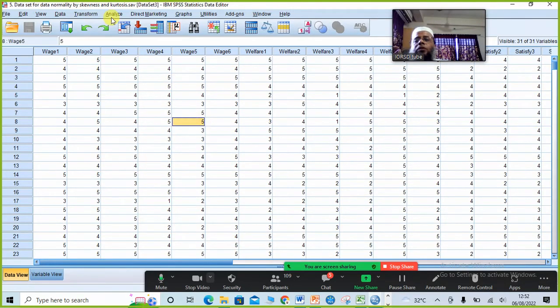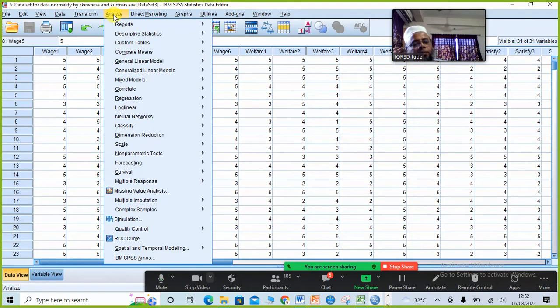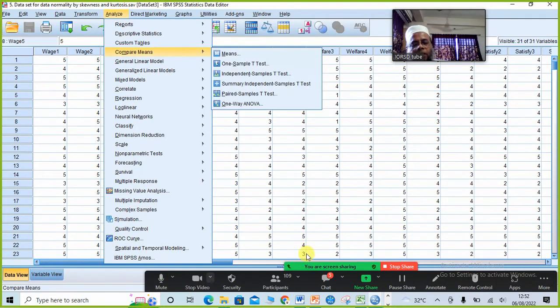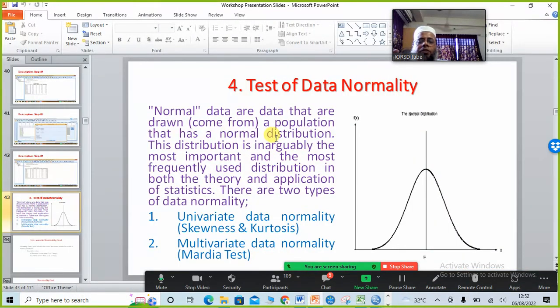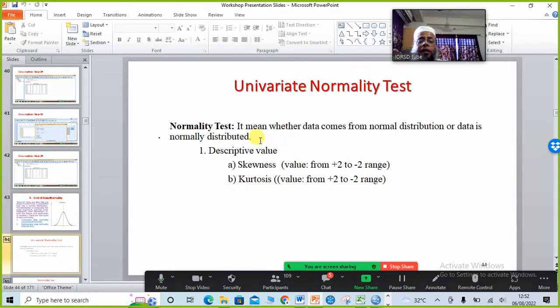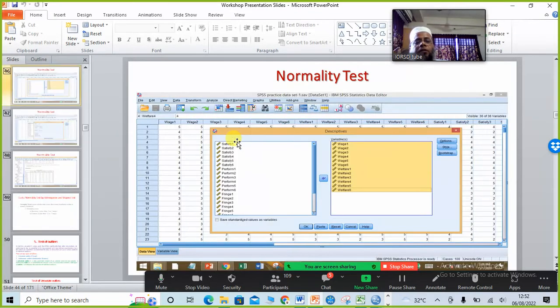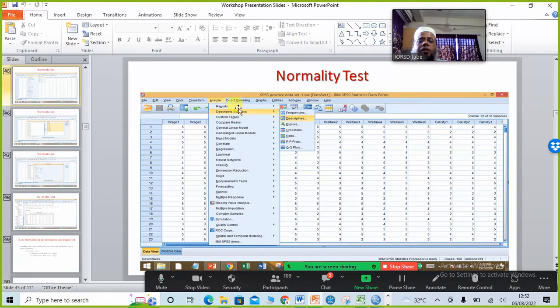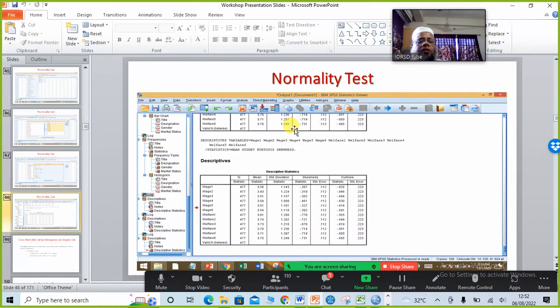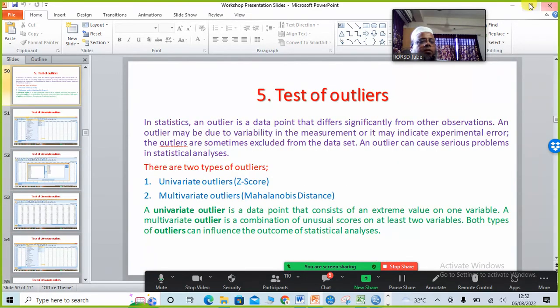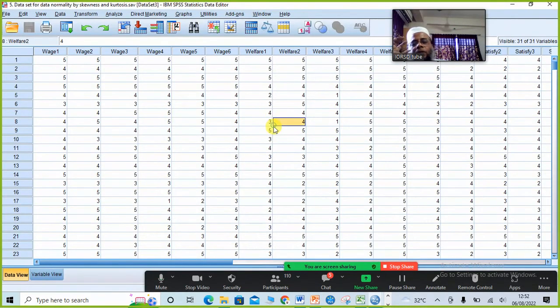We will go to Analyze, everybody, and if you just follow my instruction here, you will get it. Later on I shall explain, but here just follow me.